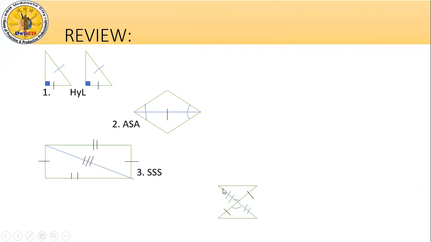Look at the markings. It's SAS. The two triangles are congruent by side-angle-side. I hope you could still remember those congruence postulates and theorems because you will be using them later on.